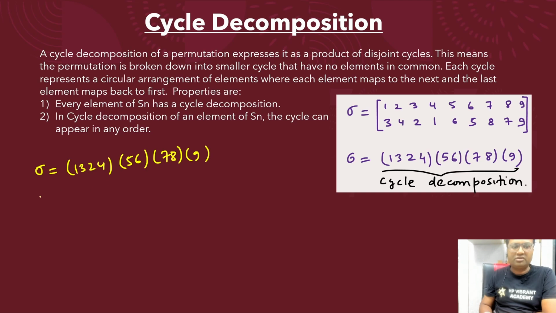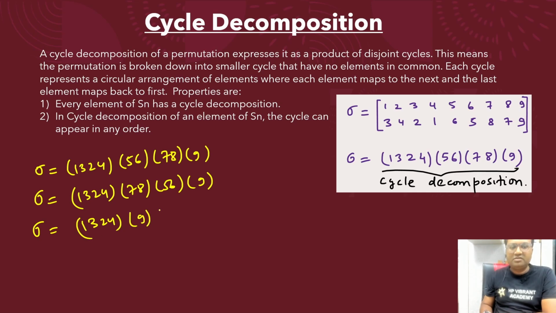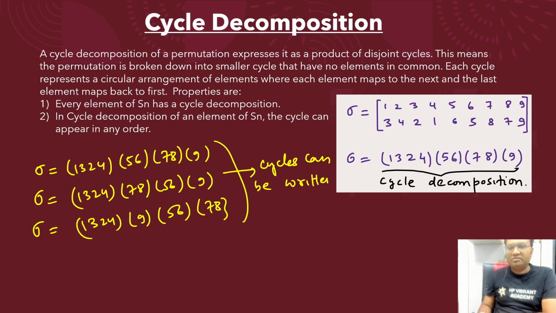We can write it in any order: sigma is equal to (1 3 2 4)(7 8)(5 6)(9), or sigma is (1 3 2 4)(9)(5 6) or (7 8). So cycles can be written in any order. This is known as cycle decomposition.